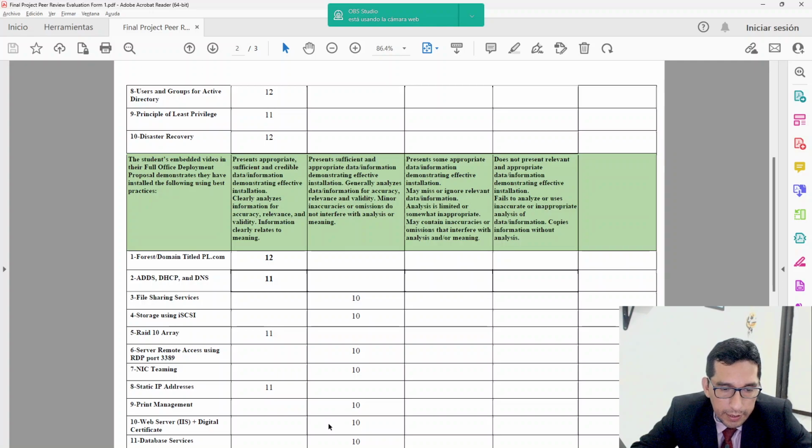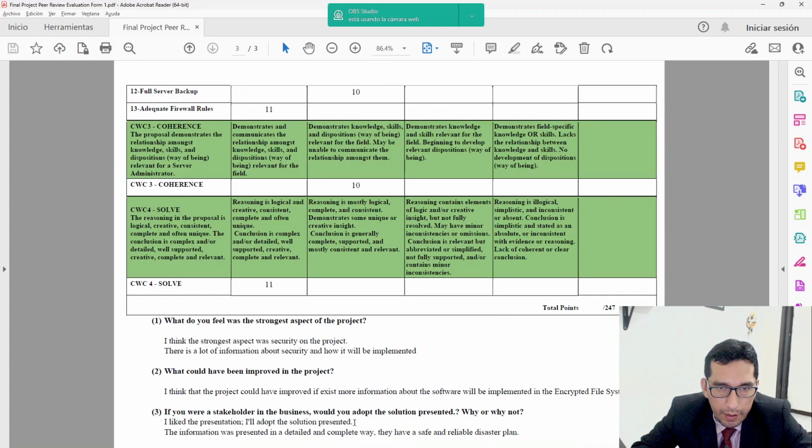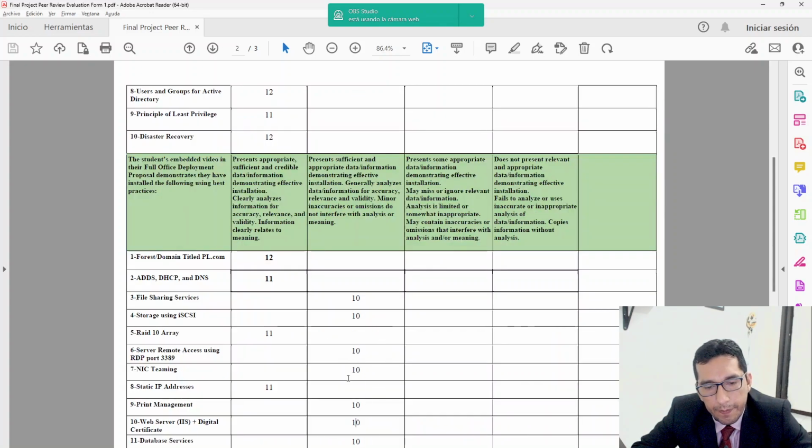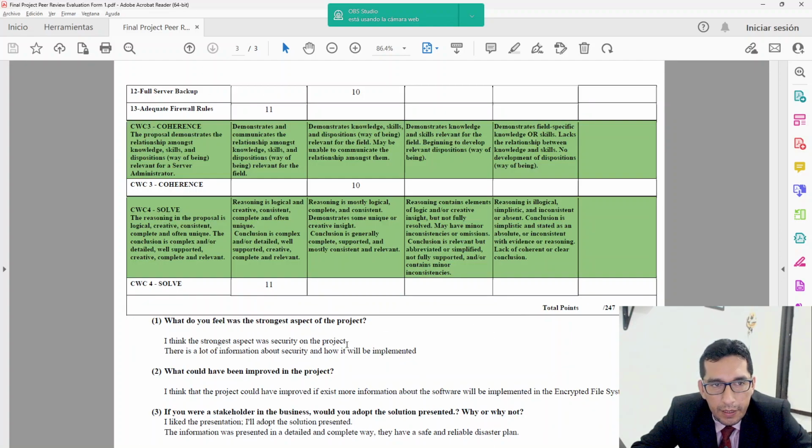The web servers, the digital certificate and database lines, I don't remember that we saw information about it. But my score for the server and the full server backup and the acquire roles is complete, and the coherence of all these points is 10 and 11. That is my score for you.